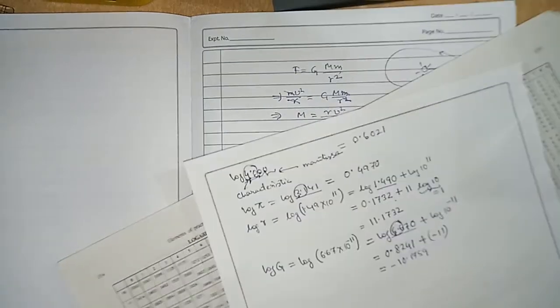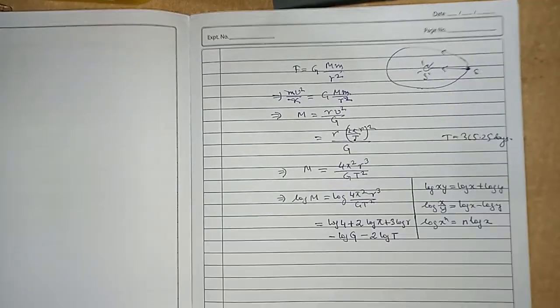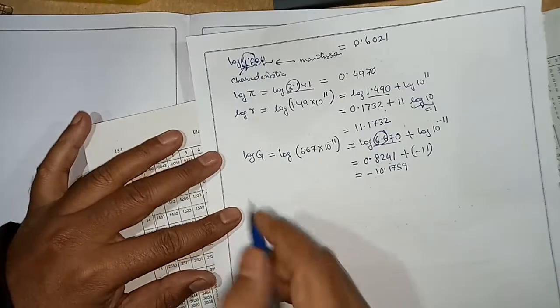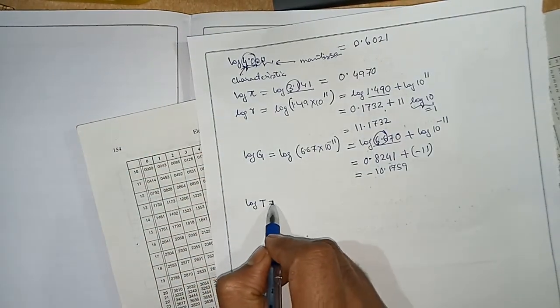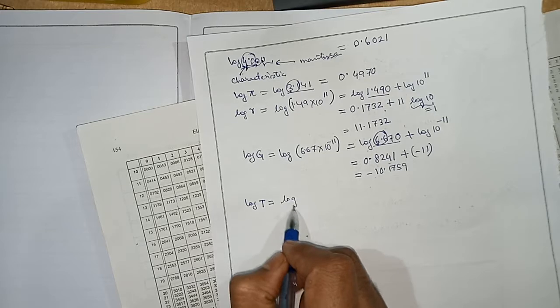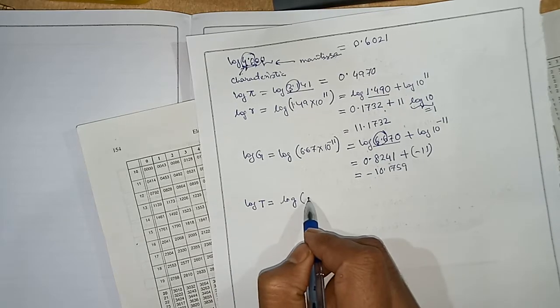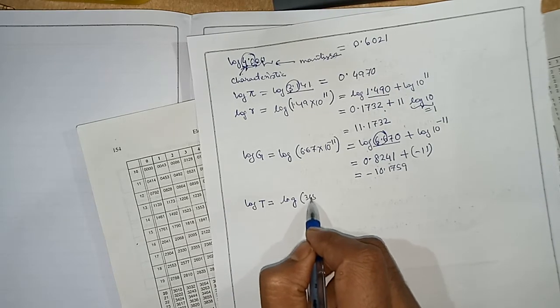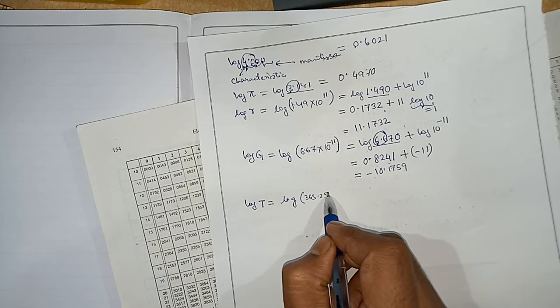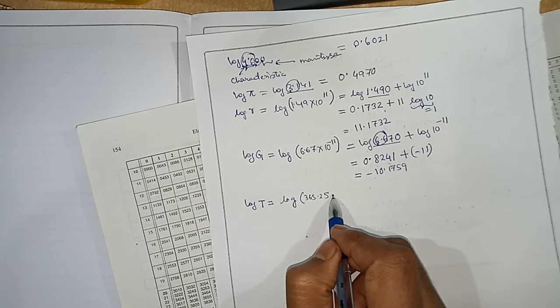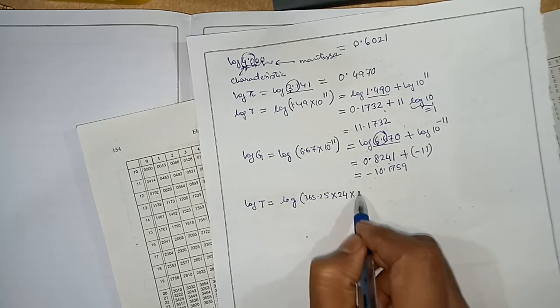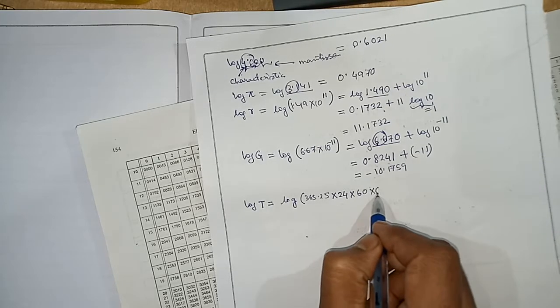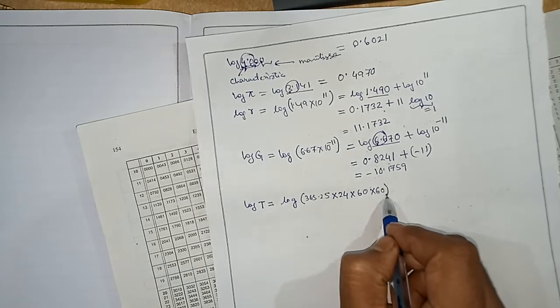Next, we have to find the value for log T. T is the time period of revolution, and T is 365.25 days. This one we have to convert into seconds. 1 day has 24 hours, 1 hour has 60 minutes, 1 minute has 60 seconds.